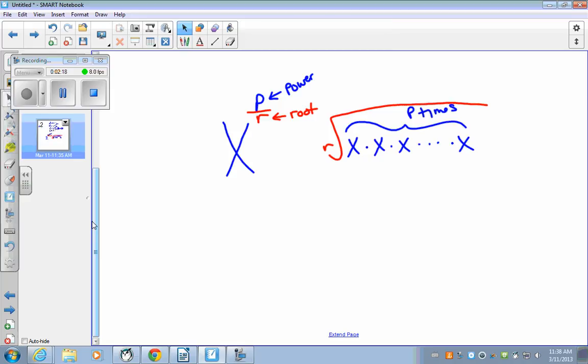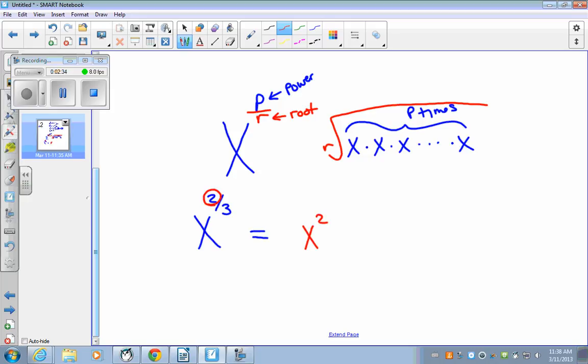Okay. So for example, if I have a number to the 2/3, I am talking about the number being x times x, because this is still the power like it always was. Should put that in blue. But now I'm also talking about this divided by 3, this rational part.